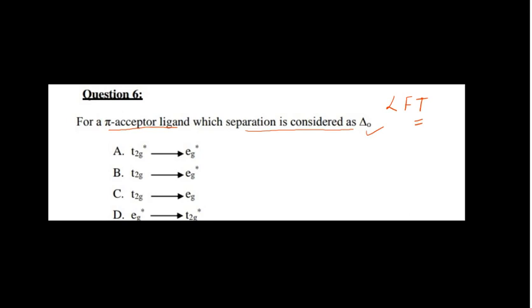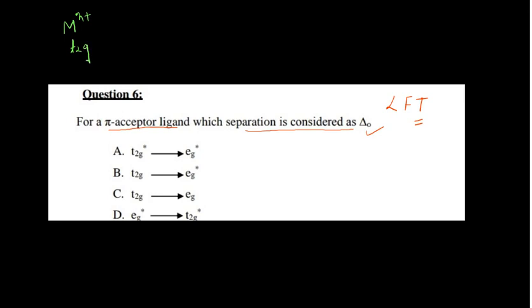So what happens here? For pi acceptor ligands, the ligands' vacant pi orbitals have higher energy in comparison to the metal T2g orbital. Say for example I am solving this one. You have the metal, Mn positive I am writing, and it has the T2g orbital.